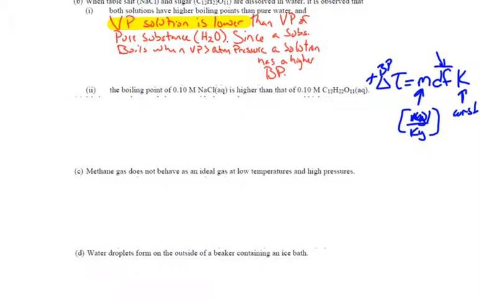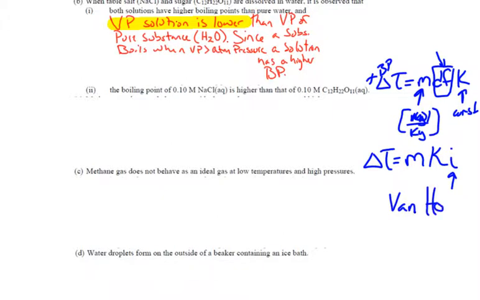And this dF stands for how many ions you get in solution. Now, if you are in AP and your teacher has already gone over solutions, you know the formula delta T equals M K i, where i is the same thing as dF, and maybe you might even know the fancy word for it. It's Van't Hoff, named after Jacobus Van't Hoff, the chemist who did a lot of experiments with colligative properties.